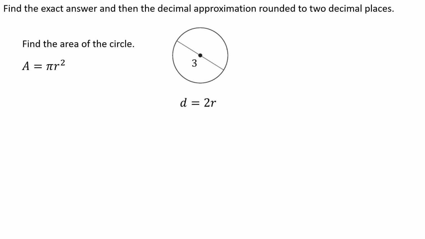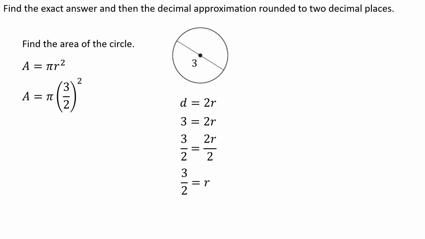So if that diameter is 3, 3 over 2 is the radius. Notice I'm going to leave it as 3 over 2 instead of 1.5. I really don't want to try to do 1.5 squared in my head, especially if I want an exact answer.